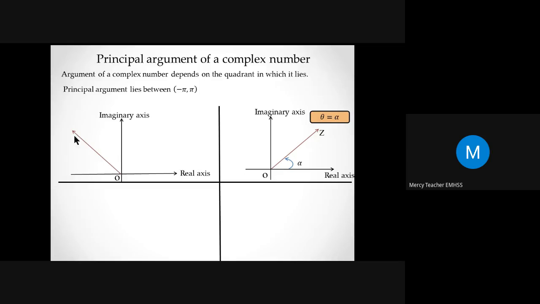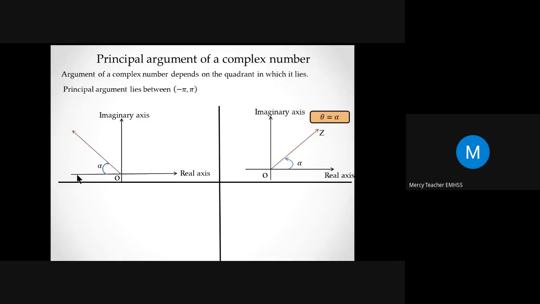And now, if Z lies in the second quadrant, the angle between the real axis and this line, you will mark it like this. You should consider only the second quadrant.